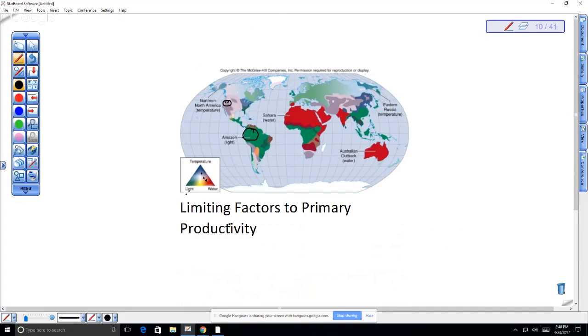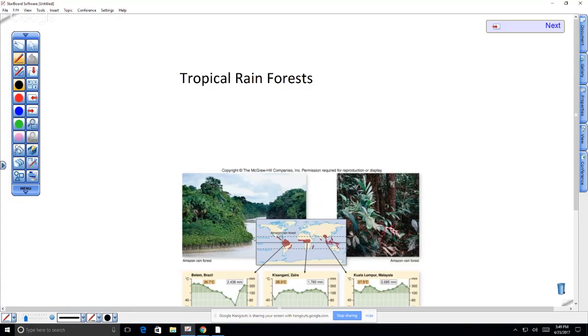And it could be because in the winter there is not as much light, so we only have a growing period shorter than, say, the equator's. Plants can't grow all year round. And so these are the limiting factors: light, water, and temperature. Okay, so tropical rainforests, we see that they have a high primary productivity.